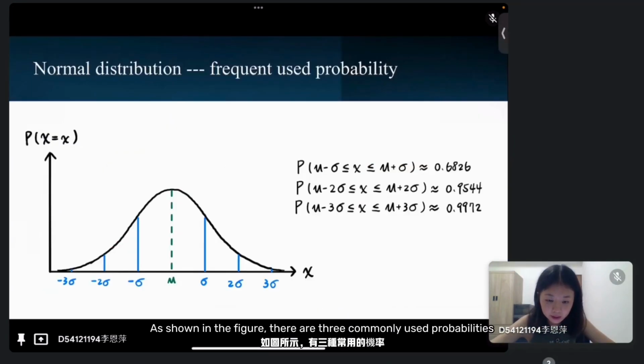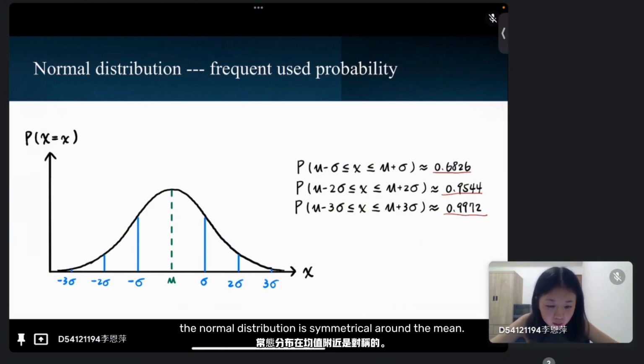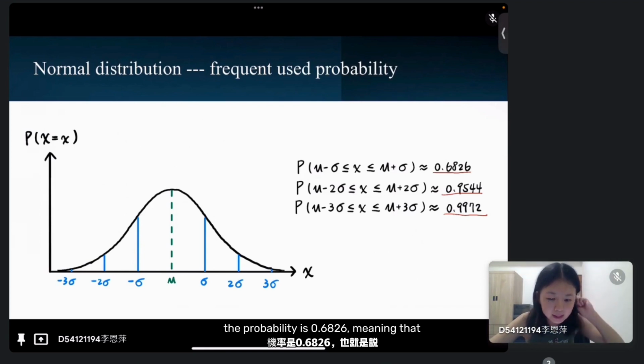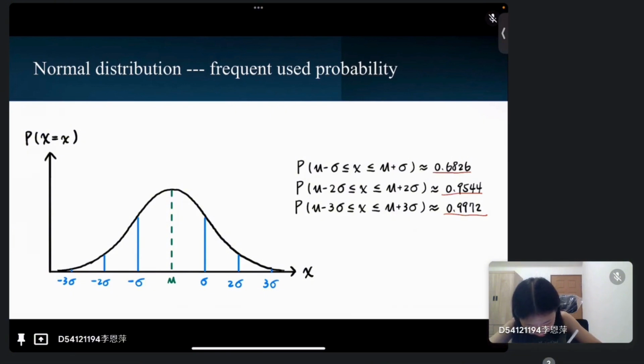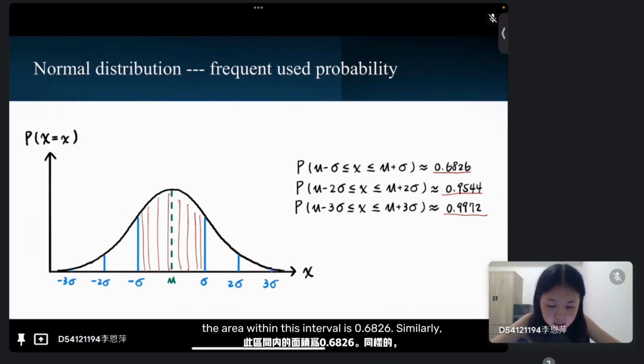As shown in the figure, there are three commonly used probabilities in the normal distribution. We just mentioned that the normal distribution is symmetrical around the mean. When x is within one standard deviation of the mean, the probability is 0.6826, meaning that the area within this interval is 0.6826.